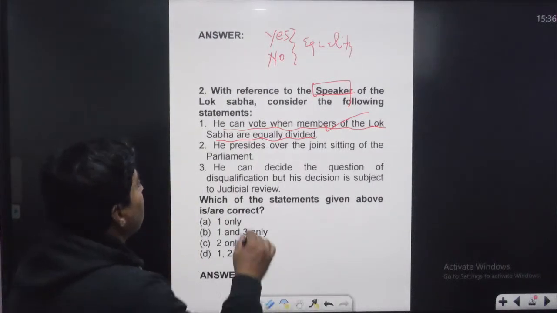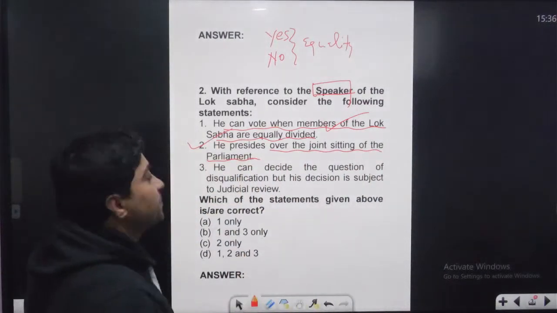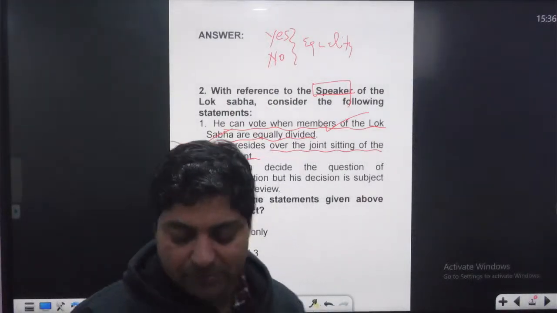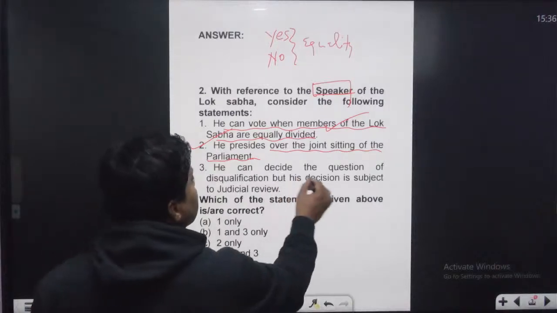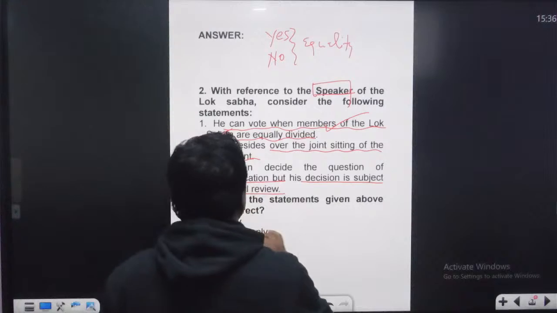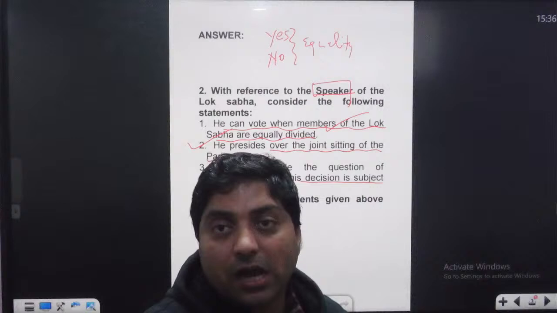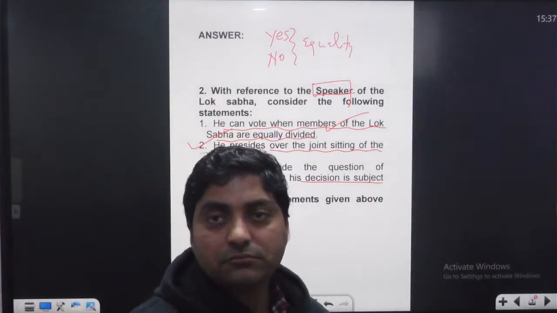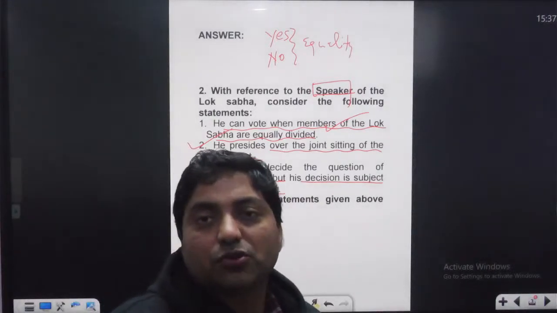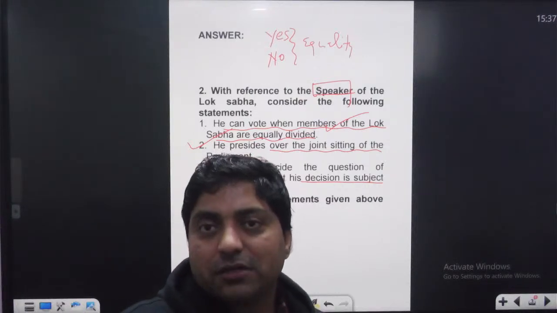Look at the later statement. He presides over the joint sitting of the parliament. Yes, the Speaker presides the joint sitting of the parliament. Now he can decide the question on disqualification, but his decision is subject to judicial review. Look, this is also correct. The Speaker of the House of the Lok Sabha is the final authority regarding question of disqualification, but his decision can be reviewed by the court.